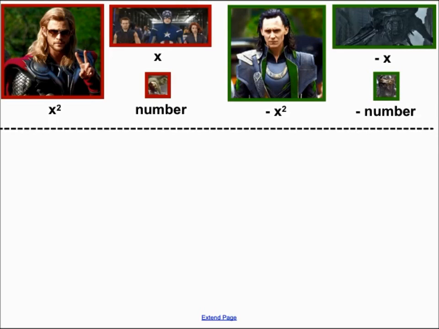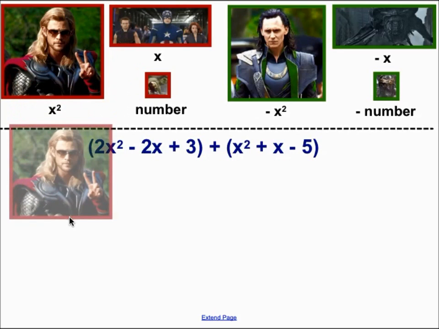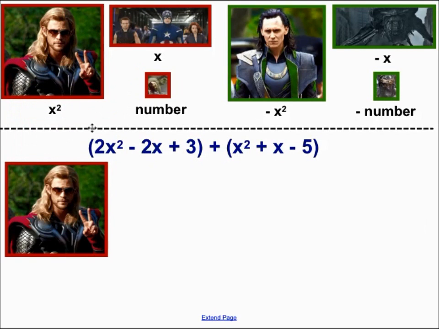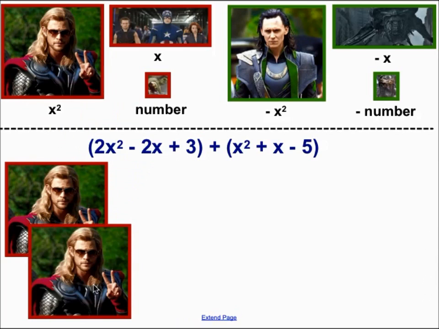So if we have a polynomial and we're adding it to another polynomial like this, before we deal with any numbers, I just want to deal with superheroes, okay? So let's look at this polynomial first, this one on the left. I have 2x squared, so that's 2 Thors. I'm going to move 2 Thors down here. They're going to kind of stack up here.